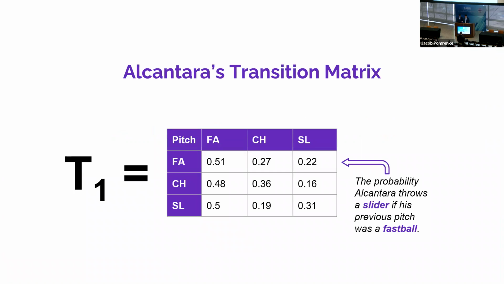This is just what I talked about, the transition matrix, which is exactly the same information as you've seen from that graph earlier, and all of these numbers are still the same. For example, this 0.22 represents that there's a 22% chance that he'll throw a slider immediately after he throws a fastball. And we'll call this transition matrix T1, the initial transition matrix.